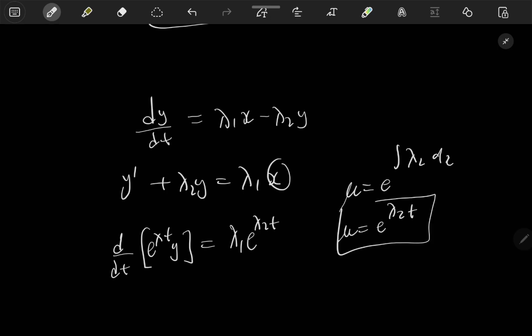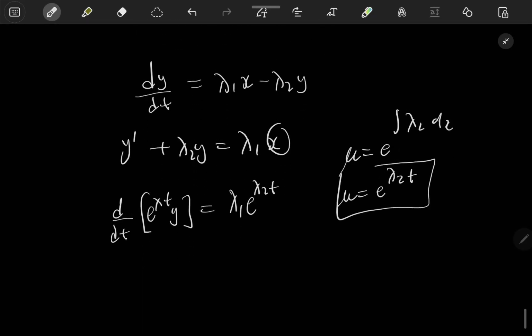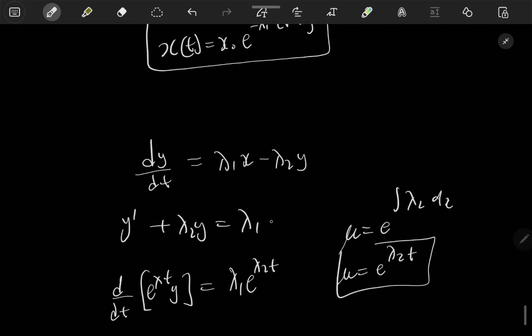But we already figured out what x was, so we can just pick this x here and plug it in. Then I end up having lambda 1 x naught e negative lambda 1 t naught, e lambda 2 minus lambda 1, all multiplying t.